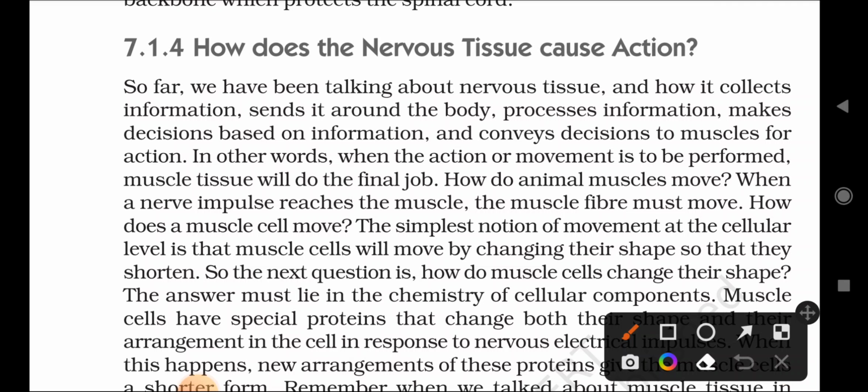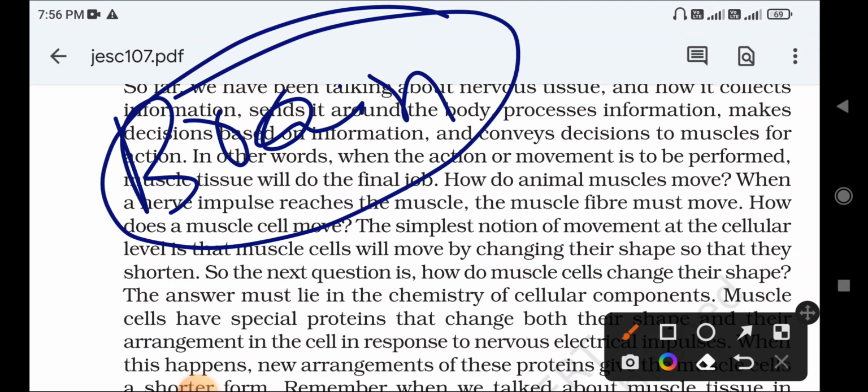The brain collects information from different parts of the body, analyzes it, makes a decision on it, and decides which action is to be done according to that information. That is all done by the brain only. Analyzing, processing, conveying and ordering are done by the brain, but ultimately the action is done by muscle cells only.